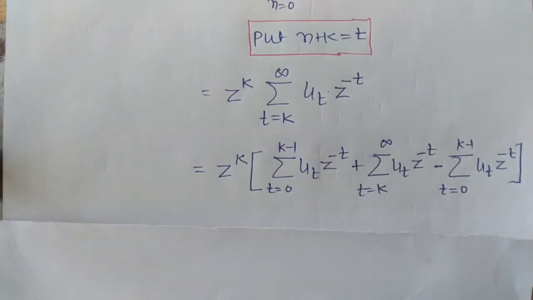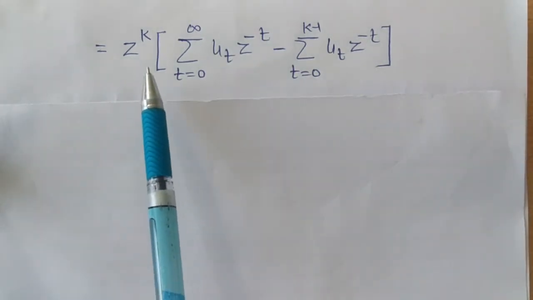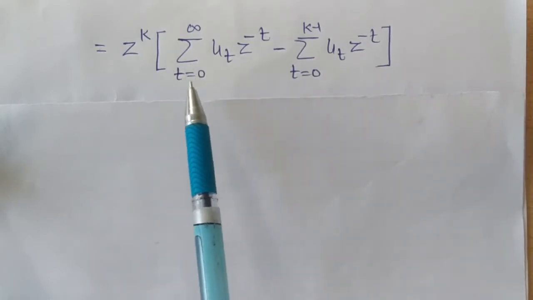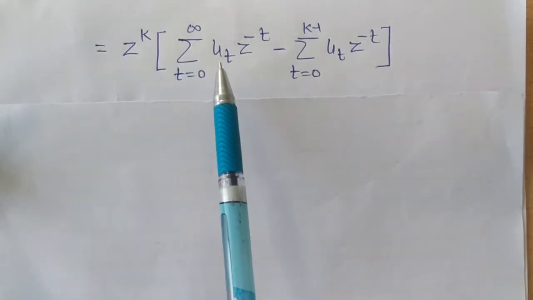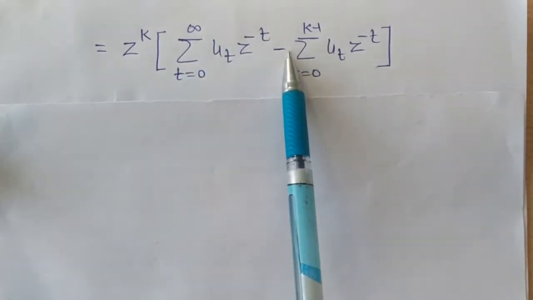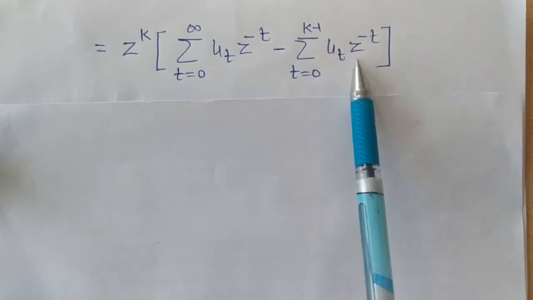Then we have z^k into, combine the summation, summation t equal to 0 to infinite u_t z^(-t) minus summation t equal to 0 to k minus 1 u_t z^(-t).